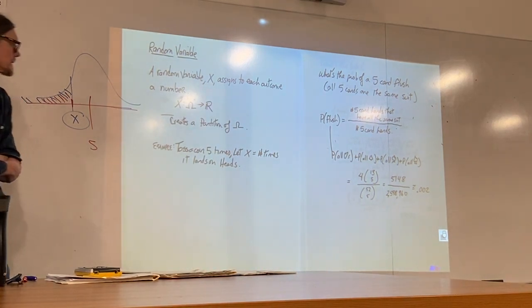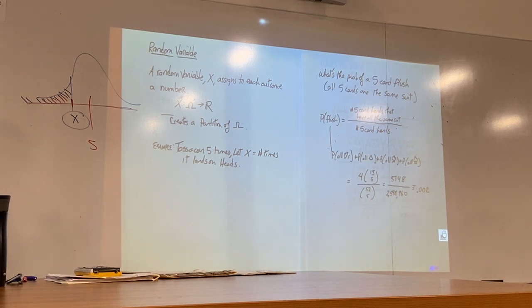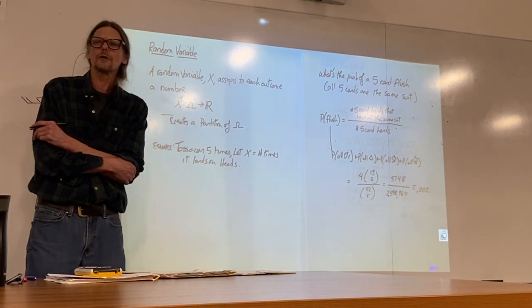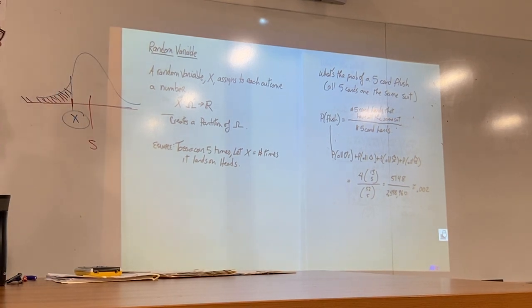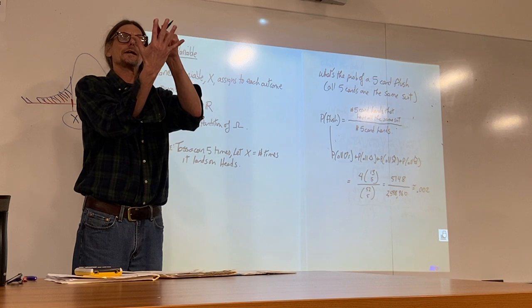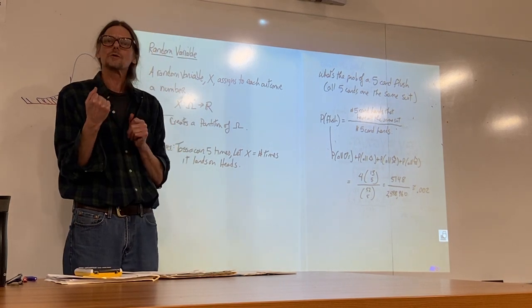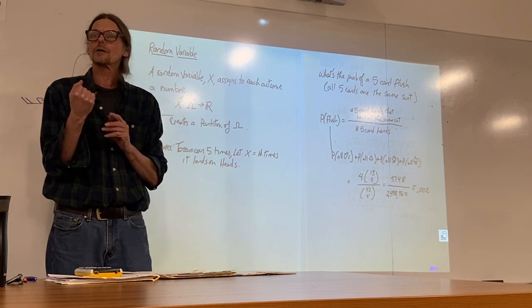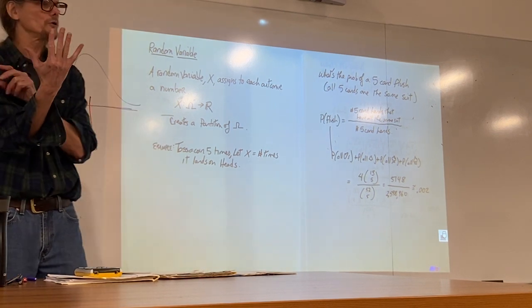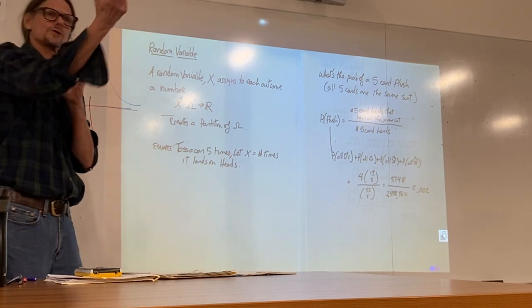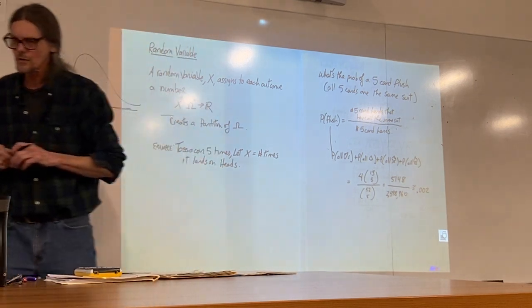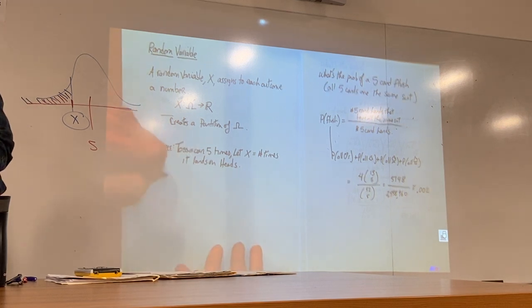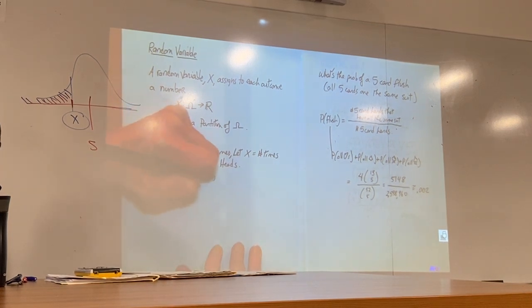All I'm doing now is codifying numerically each outcome. For instance, the outcome tail would be X equal to 0, or the outcome head tail would be X equal to 1. You see how we're simply codifying those. You'll notice that the range of X in this case is 0, 1, 2, 3, 4, or 5.